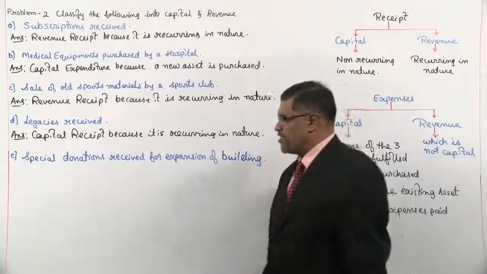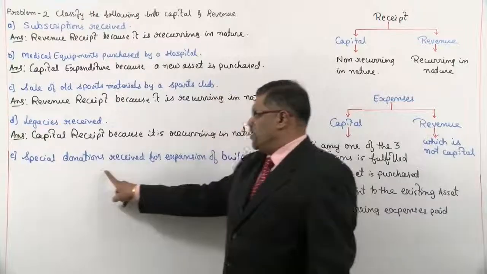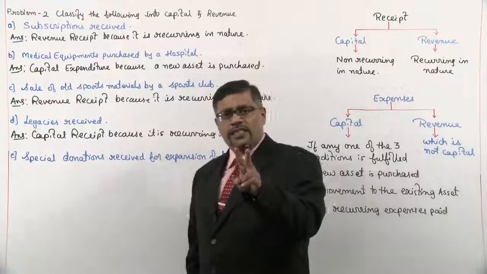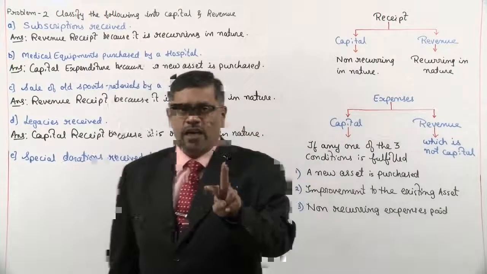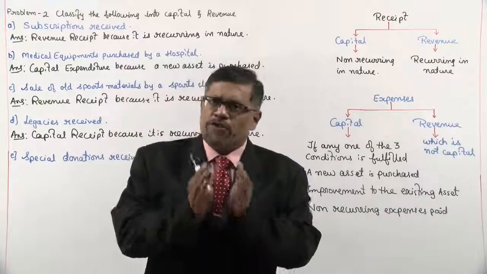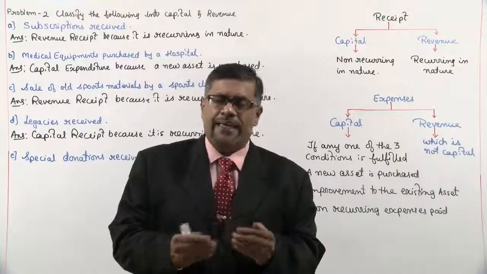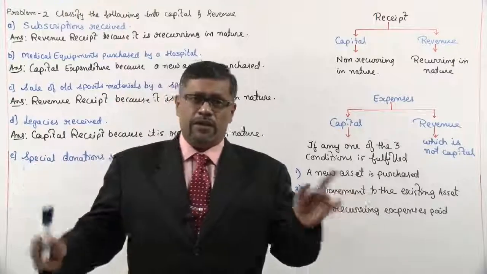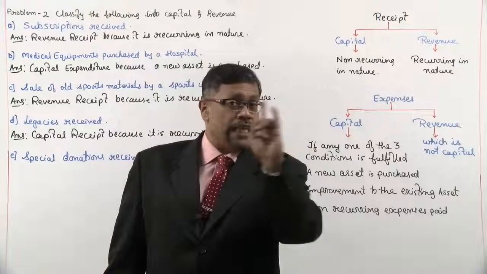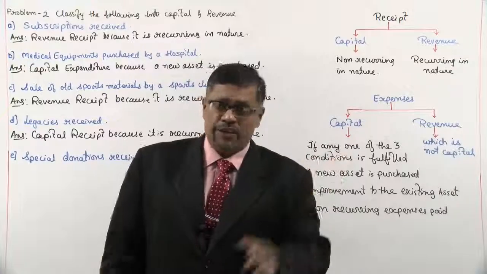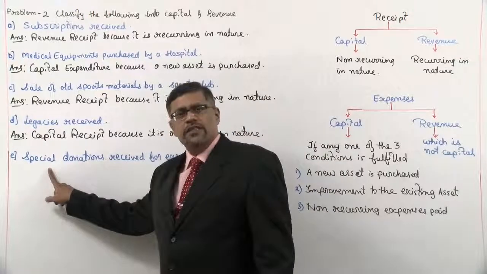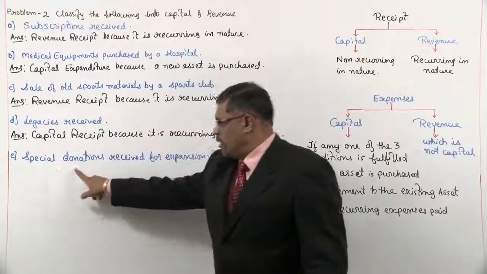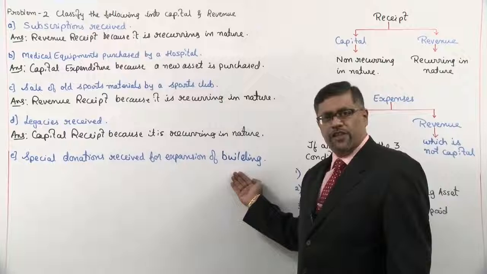Let us take up one last transaction. Special donations received for expansion of building. Donations are of two types, general and special. General donations of small amounts we receive again and again, revenue. General donations of huge amounts we receive only once, that becomes capital. This is general donation. Special donation is received with a purpose, here expansion of building.